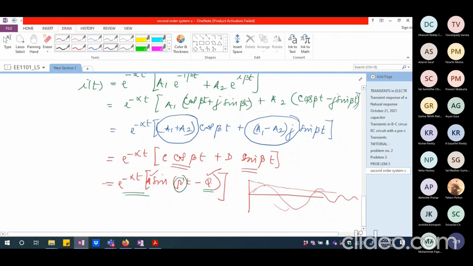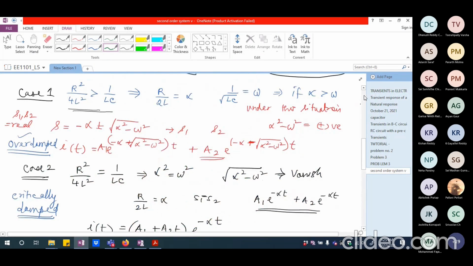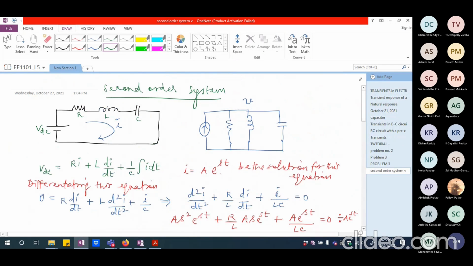So I am going to have basically three types of responses possible for this kind of second order system, which is defined by R, L and C in series, or R, L and C in parallel, because if I try to write the equation for this parallel circuit, I will have I equal to V by R plus C dV by dt, which is going to be the current here, plus 1 by L into integral of V dt.